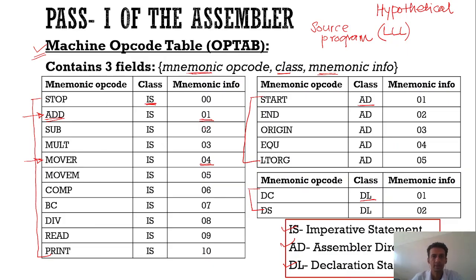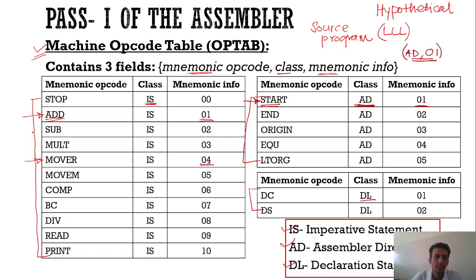If you look at this OPTAB, that is the machine opcode table, and locate the START instruction, its class is assembler directive, and the mnemonic info is 01. So instead of START, we will write it in some other form as AD comma its mnemonic info, that is 01.